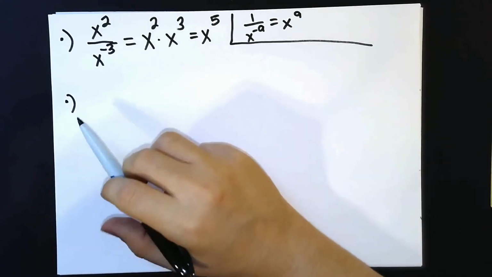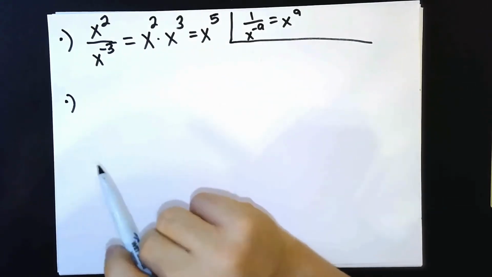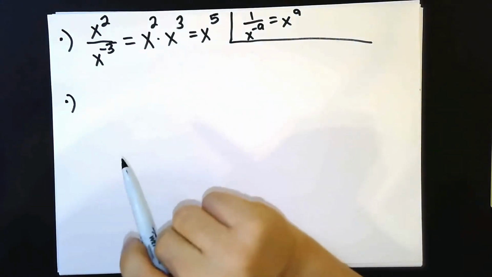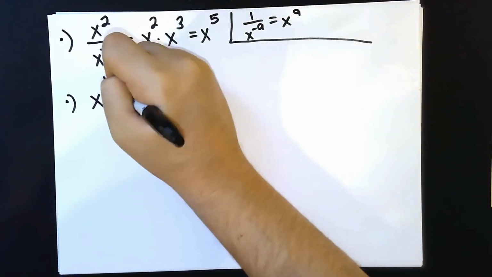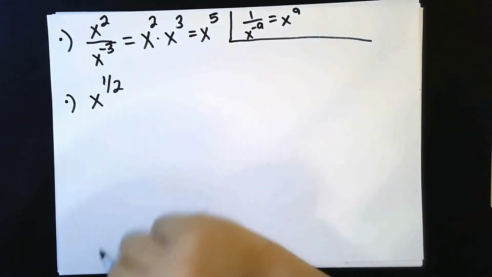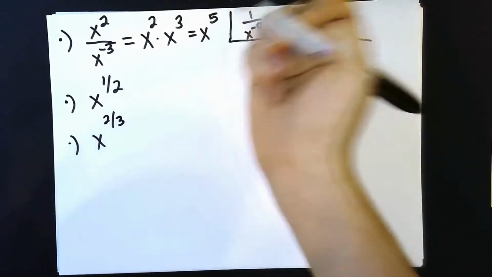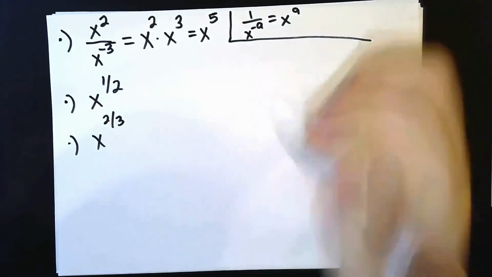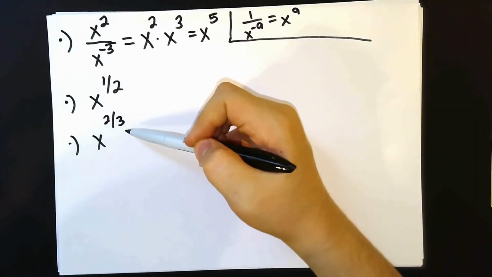Now, all of this would be well and good, but it gets confused by the fact that we also have fractional exponents. And so we have things like x to the 1/2, or x to the 2/3, and variations of things like this. We need to make sure we're comfortable with what these things mean.